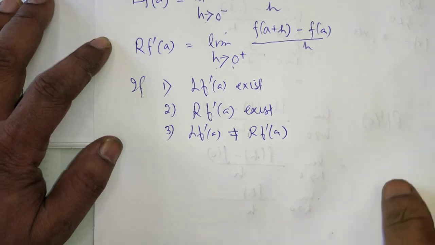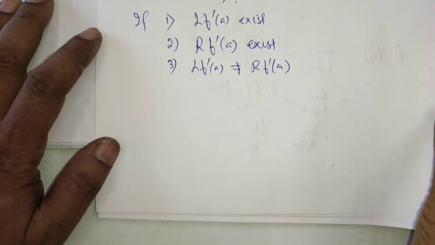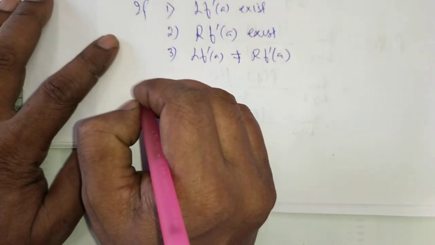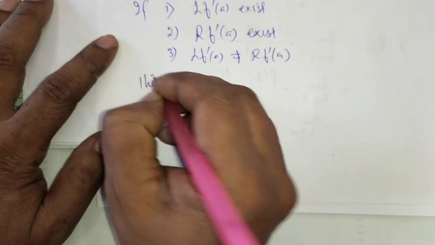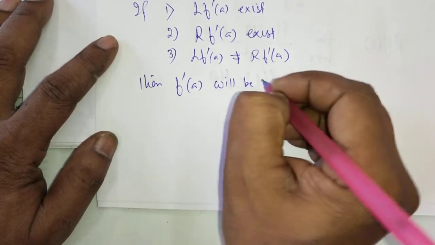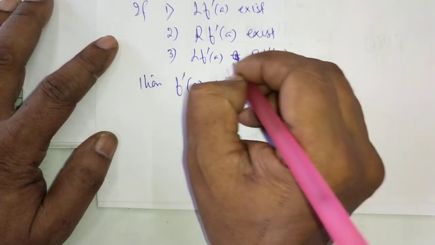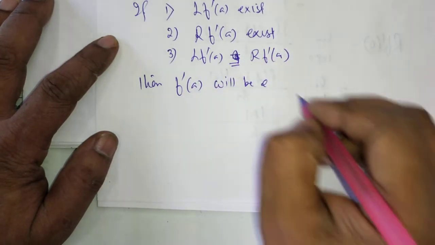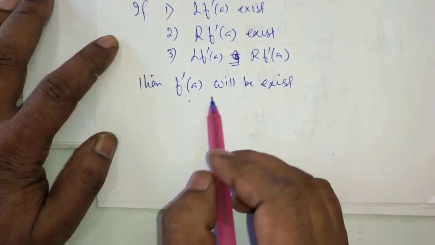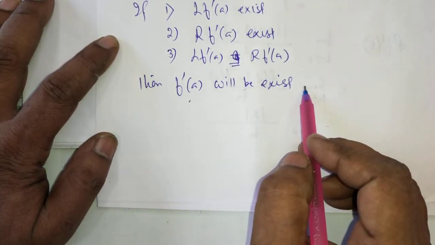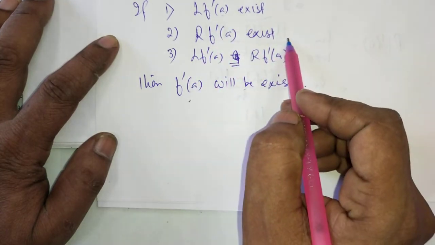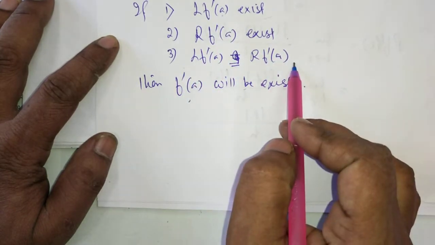Okay, if that happens, then we can say that f dash a will exist. I'm sorry, here equality. The condition is that f dash a will exist under what condition? The left hand derivative at the point exists, the right hand derivative at the point exists, and both are the same.